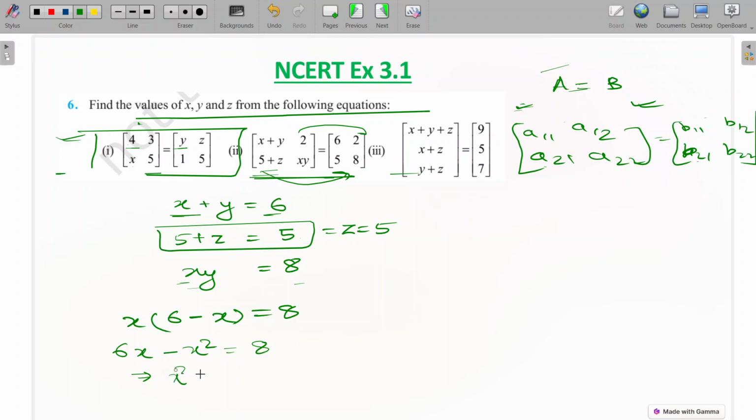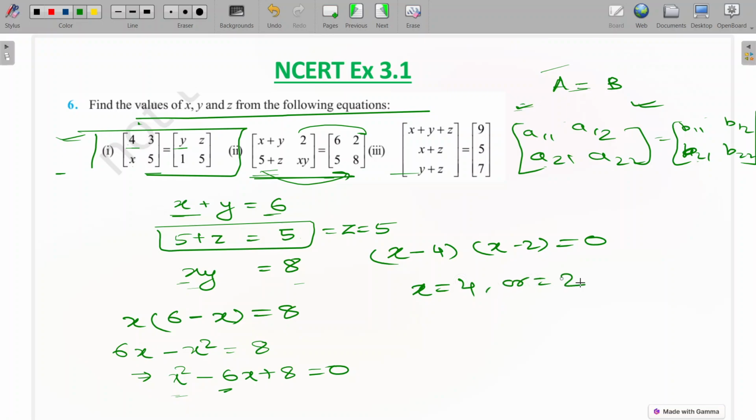So x square minus 6x plus 8 is equal to 0. So we can say x minus 4 into x minus 2 is equal to 0, which expands to x square minus 6x plus 8. So the value of x is either x is equal to 4 or x is equal to 2.